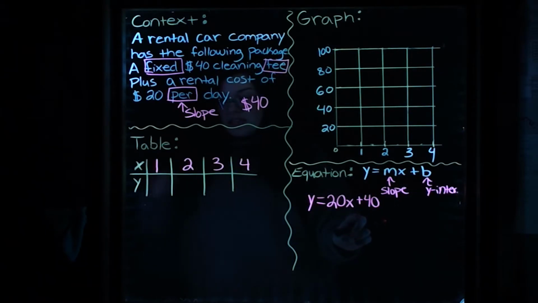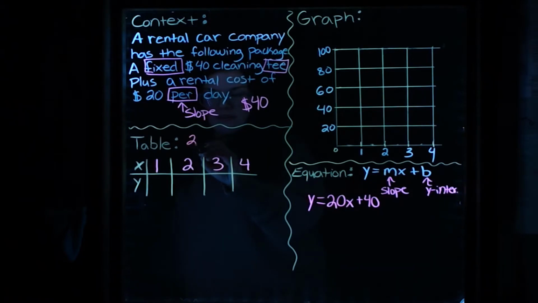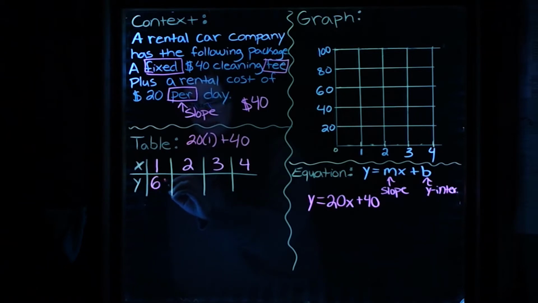I'm going to use the equation for the table. I have my x's right here on the top, and I'm going to replace the x with whatever number I want to figure out. So for 1, I'm going to do 20 times 1 plus 40. 20 times 1 is 20, plus 40 is 60.